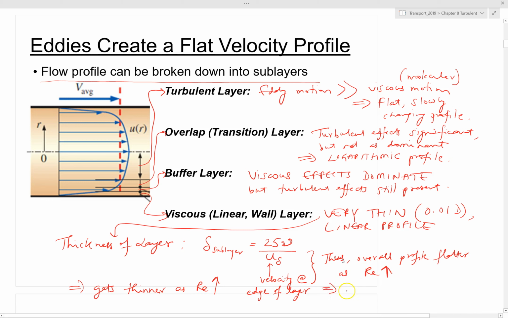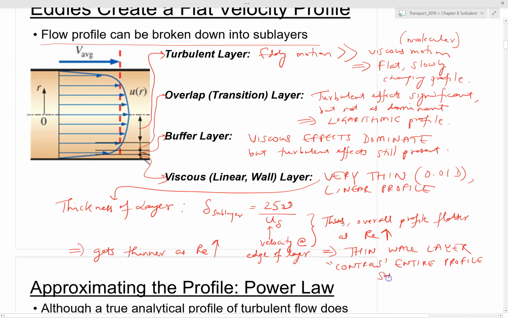And this is very important because your thin wall layer controls the entire profile shape, and we will go over it if we have time later in this chapter, where we discuss Reynolds number and the thickness of this layer as a function of Reynolds number, how this layer becomes thin or thick depending on the velocity.